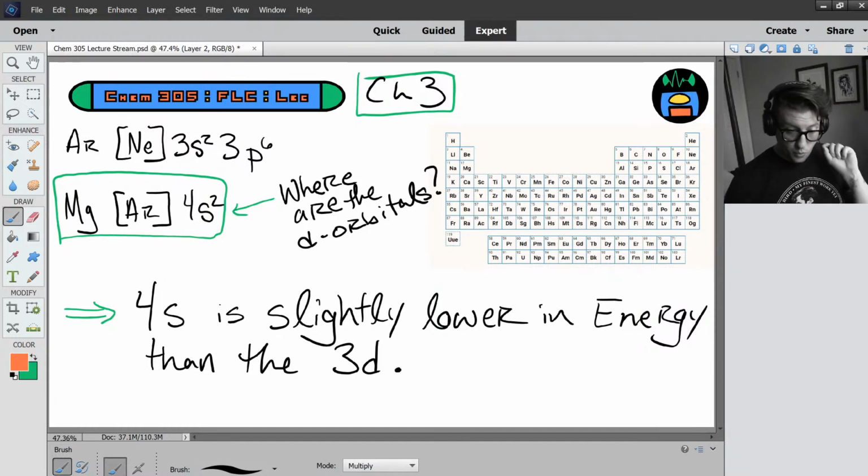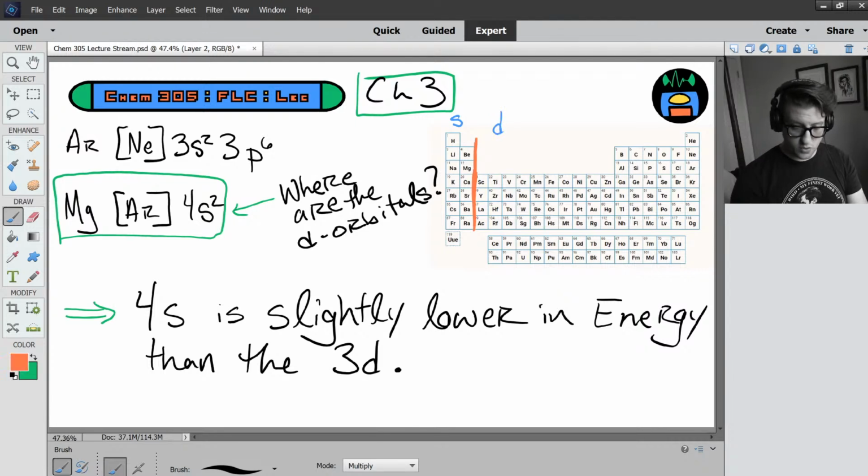The one detail that you have to keep in mind is right here. It's when you go from the s block to the d block.